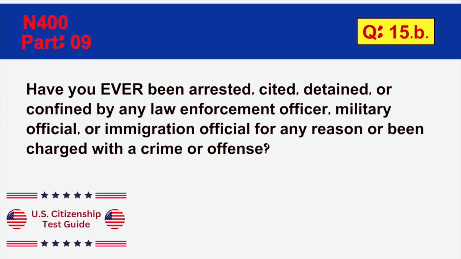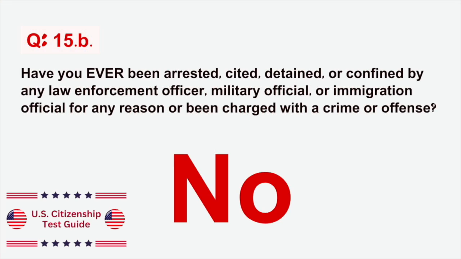Have you ever been arrested, cited, detained, or confined by any law enforcement officer, military official, or immigration official for any reason, or been charged with a crime or offense? No.